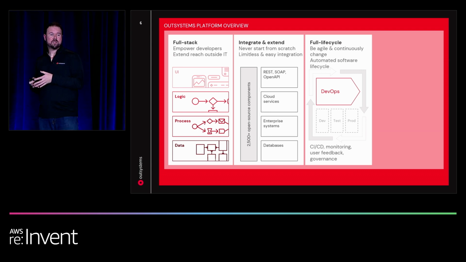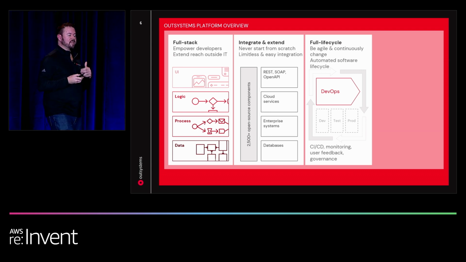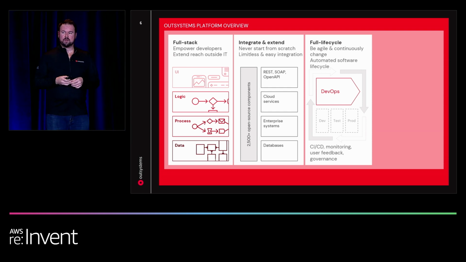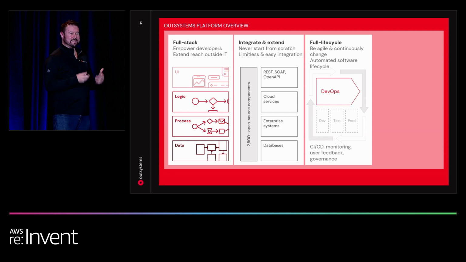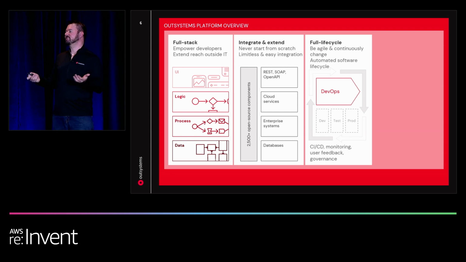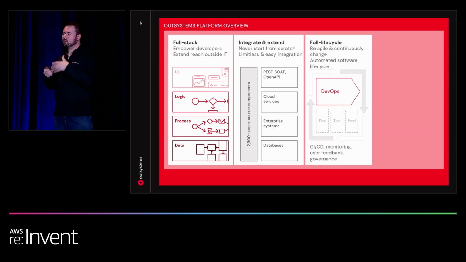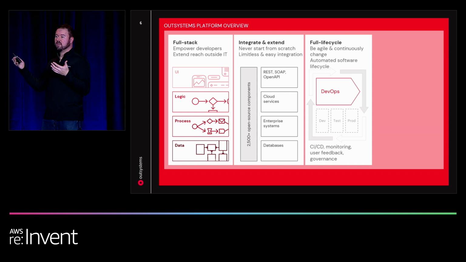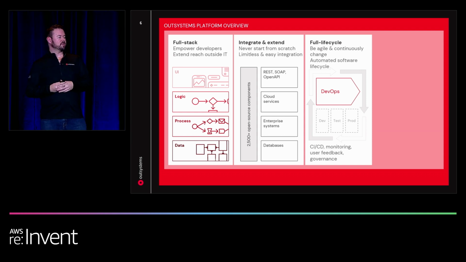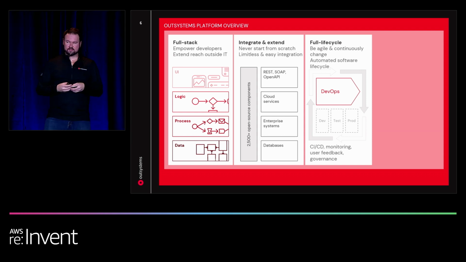Well, maybe I want to layer on more testing. I want to follow a TDD approach or a BDD approach. Great, I can do that in OutSystems. But wait, John, my company has invested millions of dollars in our CI/CD infrastructure. Awesome. With OutSystems, I can integrate back into Jenkins, CircleCI, Concourse, Harness, Bamboo, whatever you want to use as your integration. Azure DevOps, super popular. Using AWS tooling, awesome.